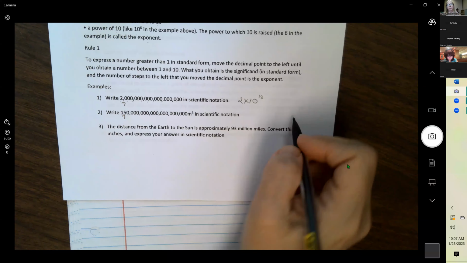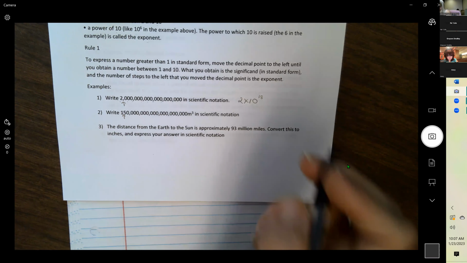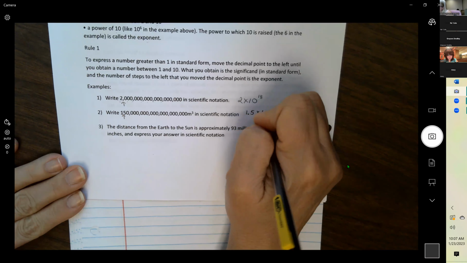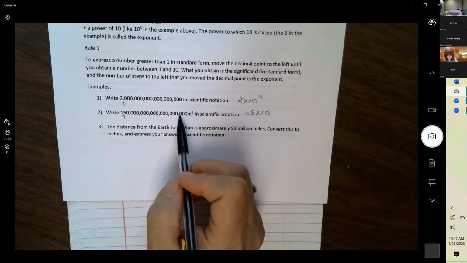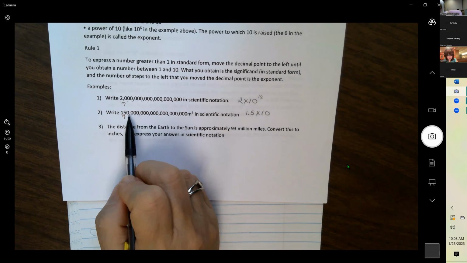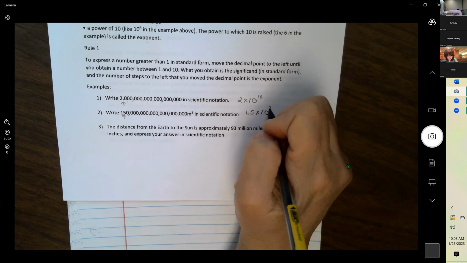So we have a number between 1 and 10. Three, 6, 9, 12, 15, 18, 19, 20. So you get 10 to the 20th.